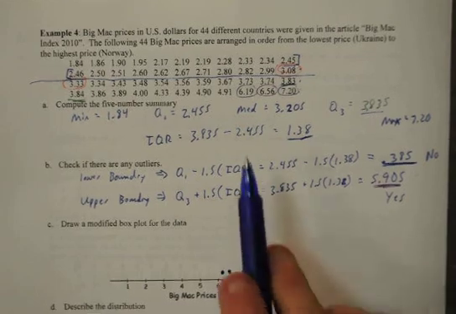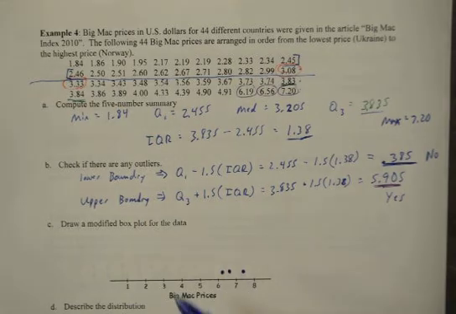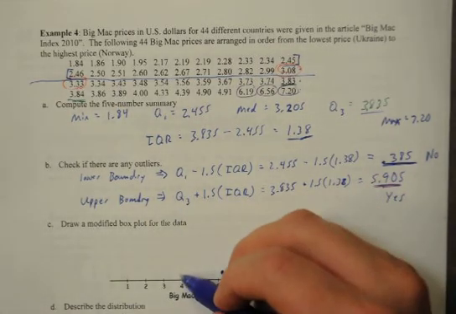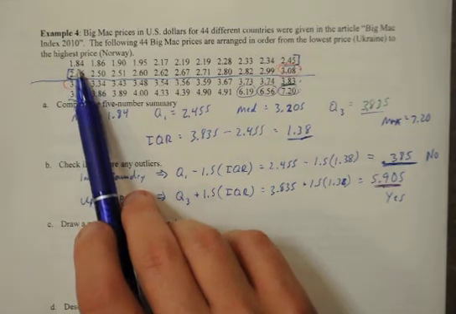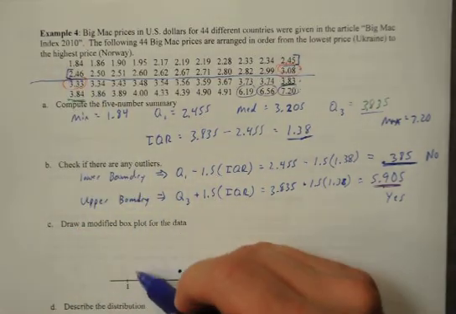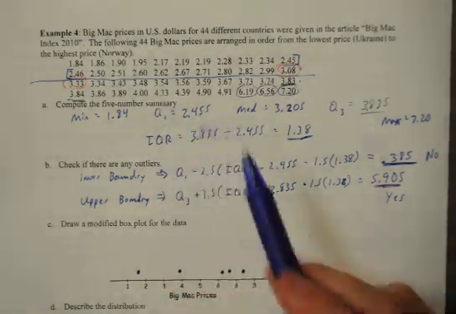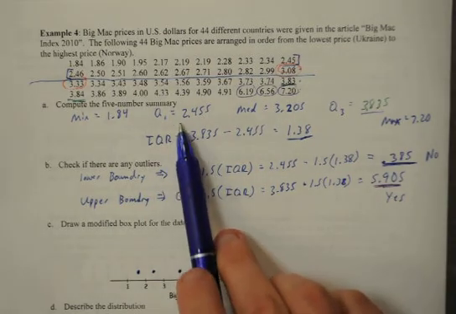All right, now you put in your maximum value, 4.91, and this is right here. And then you can put in your minimum value, 1.84, which is right about there. And then you put in your quartiles, 2.45, about there.